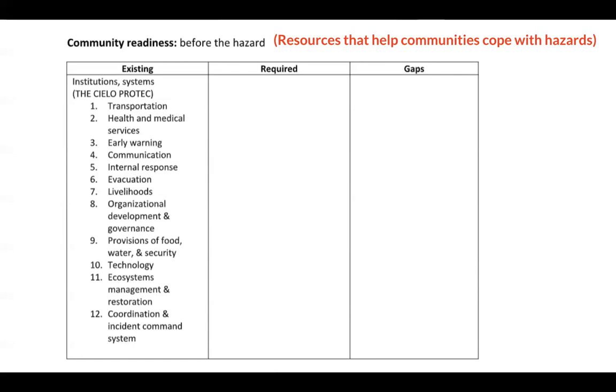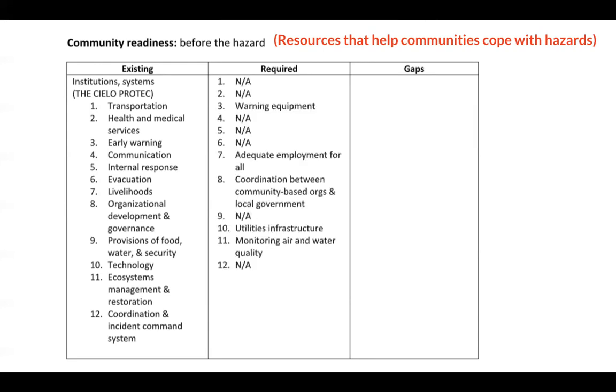So some of these elements are lacking capacities, and we can put this down in the required section. So here we have needs for warning equipment from early warning systems, adequate employment for livelihoods, coordination between community-based organizations and local governments, utilities, and air and water quality monitoring for our ecosystems management.